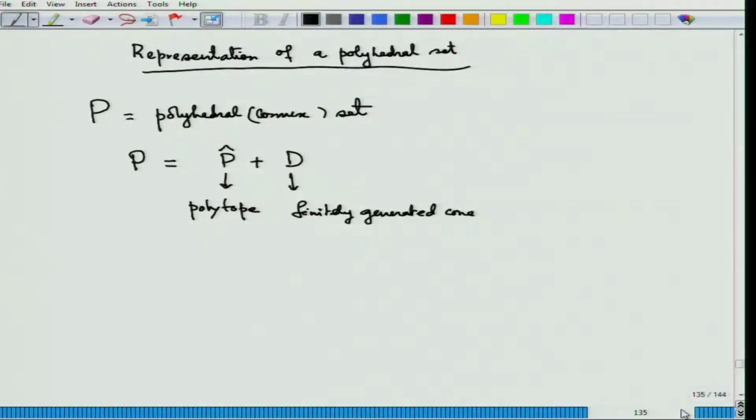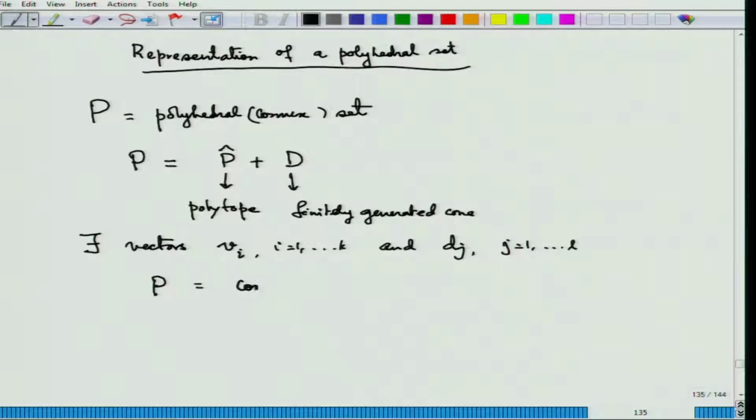Now, this means that there would exist vectors v i, i from 1 to k, and d j, j from 1 to L, such that P is the convex hull, since any polytope can be represented as the convex hull of its vertices. So, suppose it has k vertices, v 1, v 2, up to v k, plus the finitely generated cone generated by the generators d 1, d 2, up to d L.